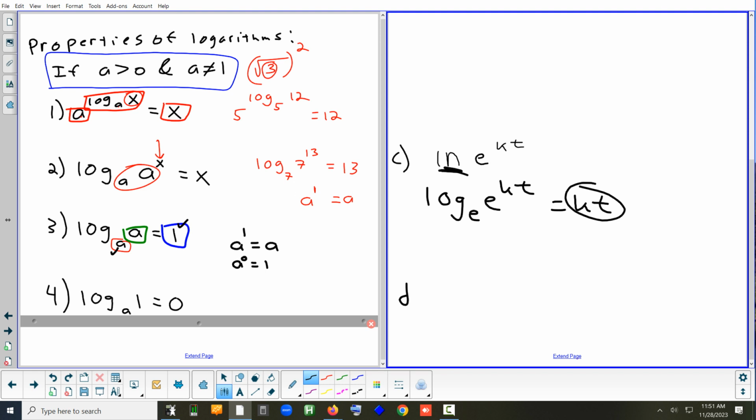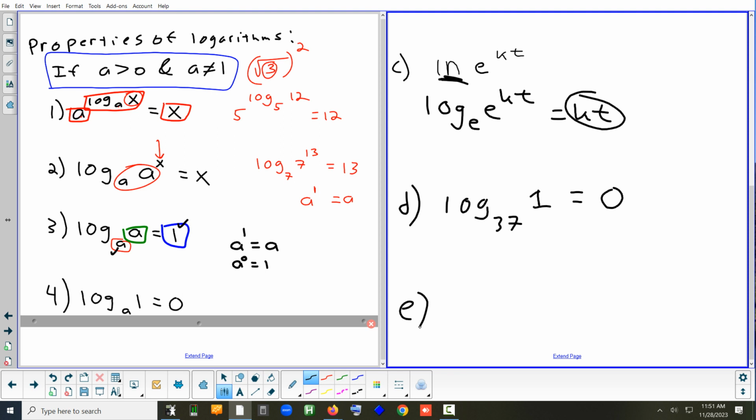All right, let's do log base 37 of 1. So what do you get if you take the log of 1 with a base of 37? 0. This is saying 37 to what power gives you 1? 37 to the 0 power.